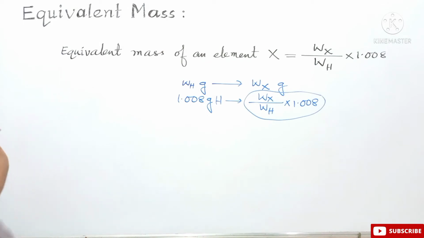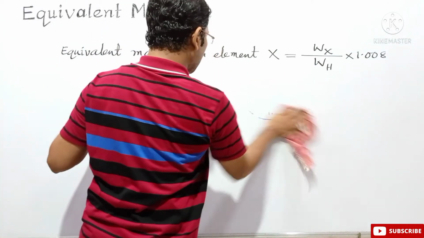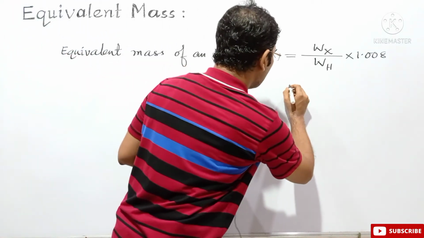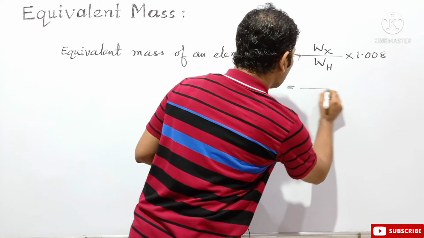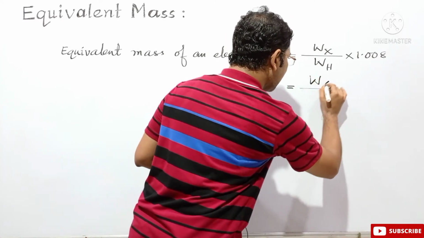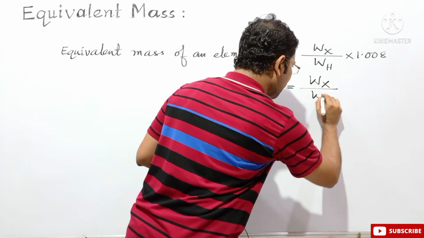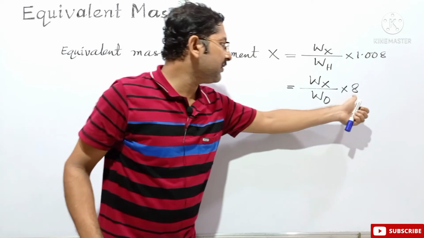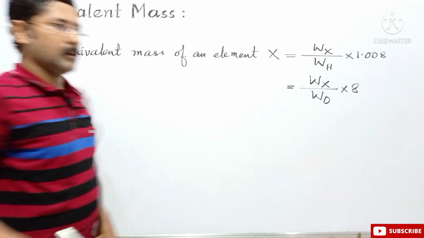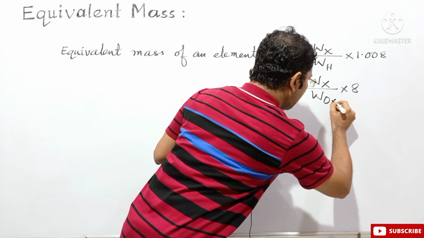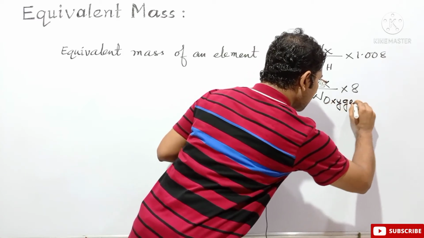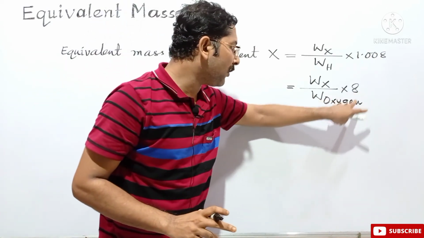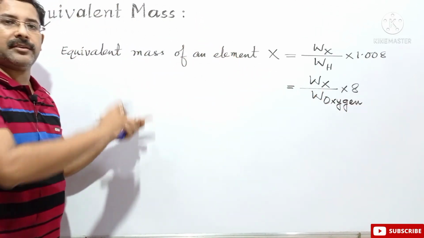And similarly we can write, equivalent mass of an element X is equal to the mass of the element X divided by the mass of oxygen into 8, isn't it? 8 part is the equivalent mass of oxygen. The mass of the element which combines with 8 parts of oxygen is known as the equivalent mass of the element.